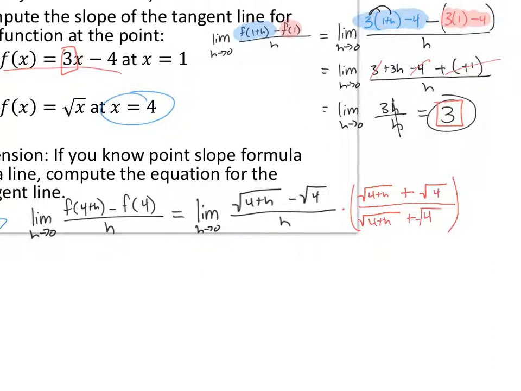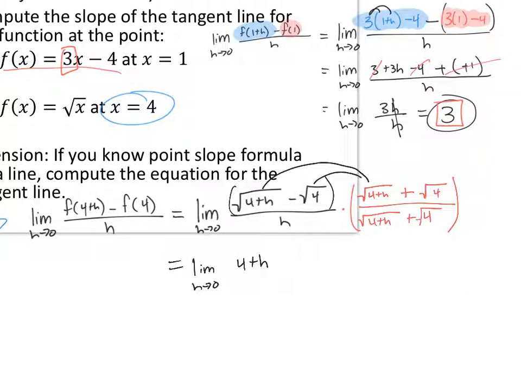If I'm thinking about this as multiplying a binomial, I can distribute this, and I will see that the square root of 4 plus h times the square root of 4 plus h is just 4 plus h.